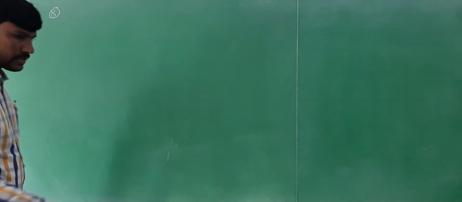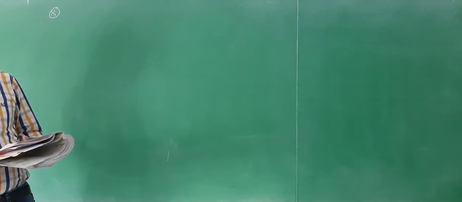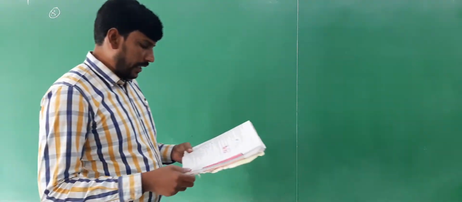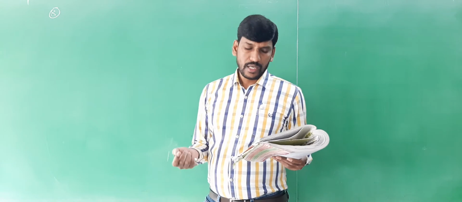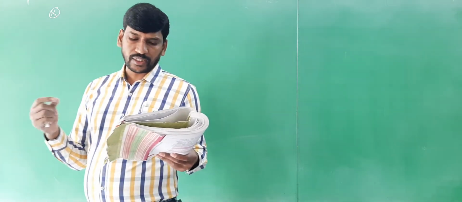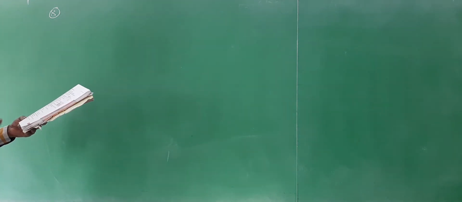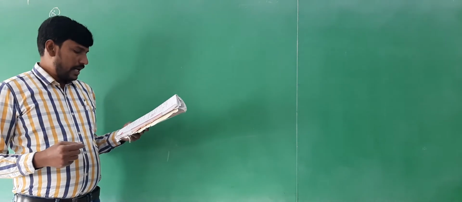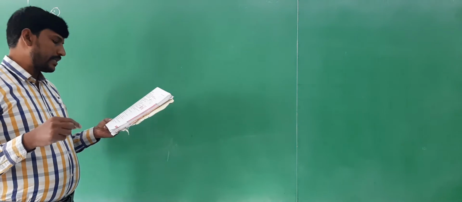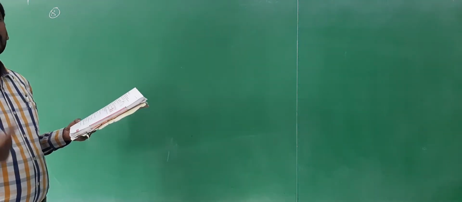Right children, let us discuss question number 8. I am going to read the question, you just look at the book. In a year, Seema earns rupees 1,50,000 and saves rupees 50,000. Find the ratio of the money that Seema earns to the money she saved, and the ratio of the money that she saves to the money she spent.